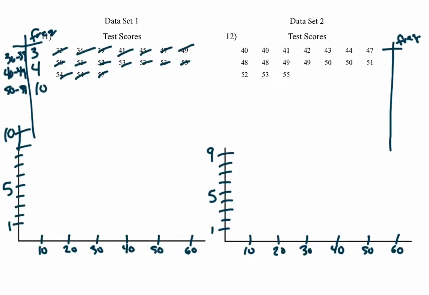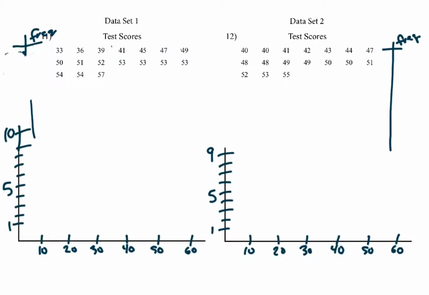And again, I could have done it by 5s, and that would have given me different categories to look at. So, it kind of depends. Honestly, with only 3 categories, I kind of like that idea of going maybe by 5s instead. Let's do that instead. So what that would do is mean I'd go 30 to 34, which there's 1. 35 to 39, which there's 2.